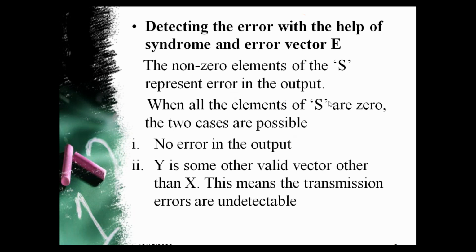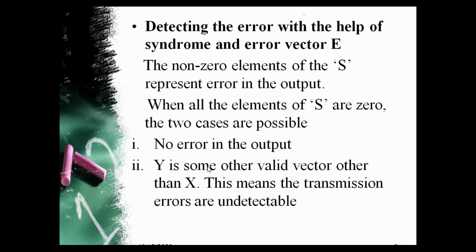One is no error in the output, that is, we are receiving exactly the transmitted code word. The other case is that Y is some other valid vector other than X. This means the transmission errors are undetectable.